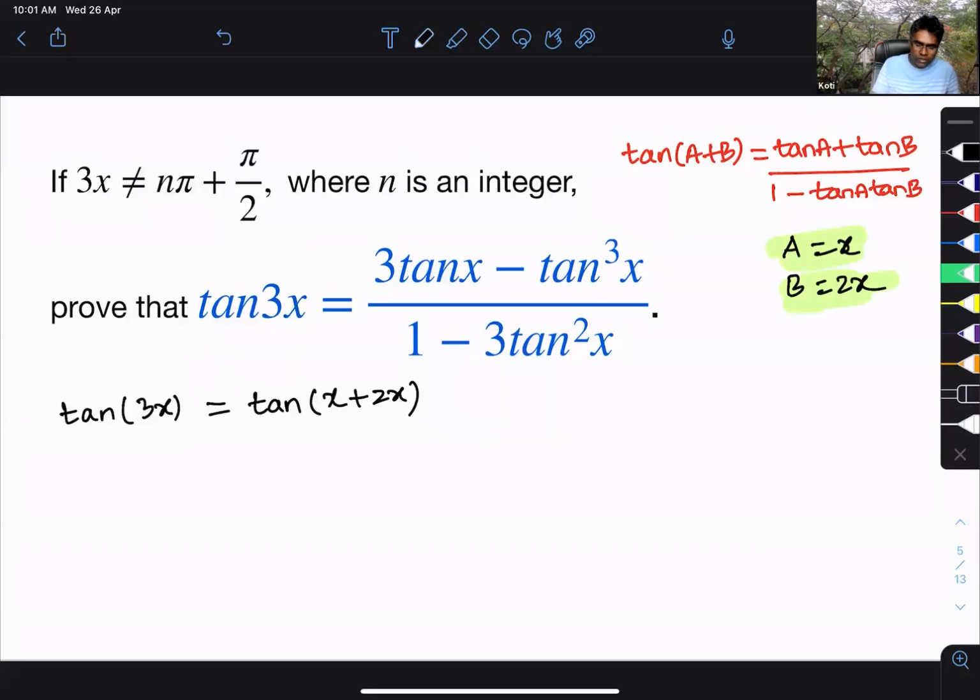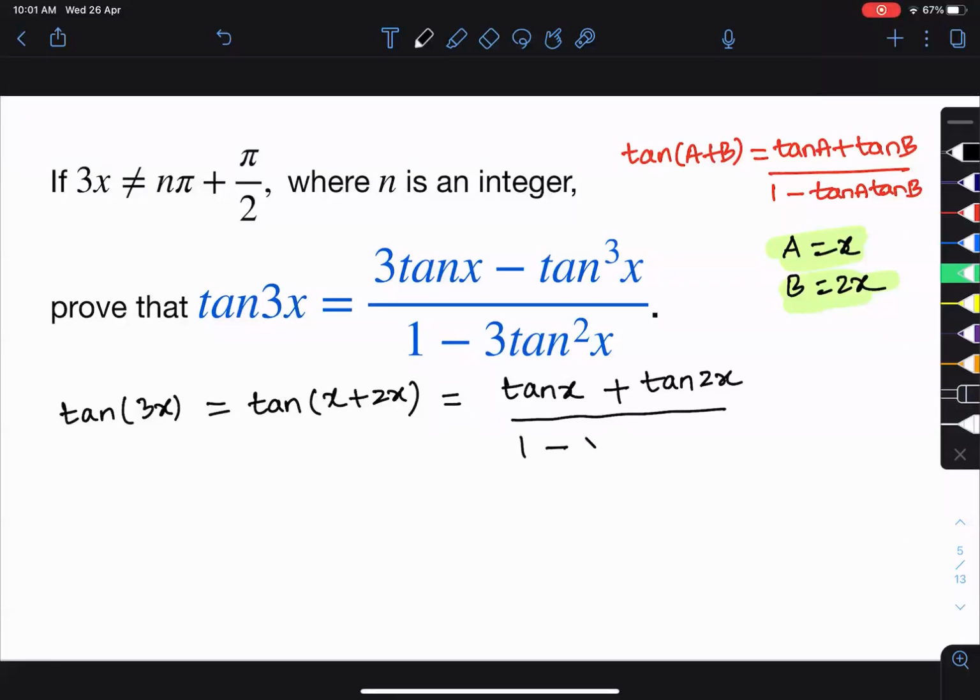And then if you do that, what do you get here? You get tan of a, which is tan x, plus tan of b, which is tan of 2x, divided by 1 minus tan x into tan of 2x.